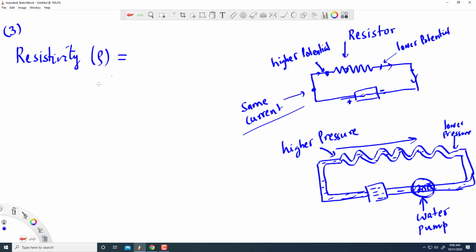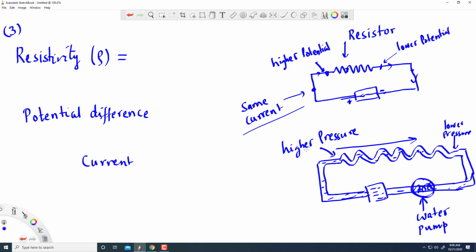Now this is very intuitive. It's about just seeing the relationship between potential difference and current. So think about this analogy again.